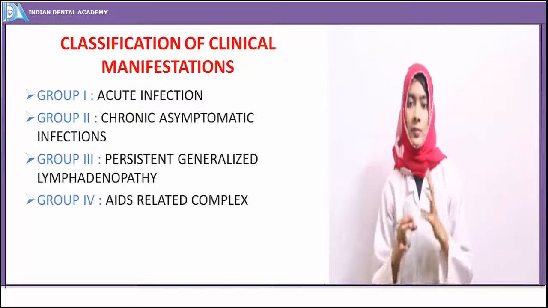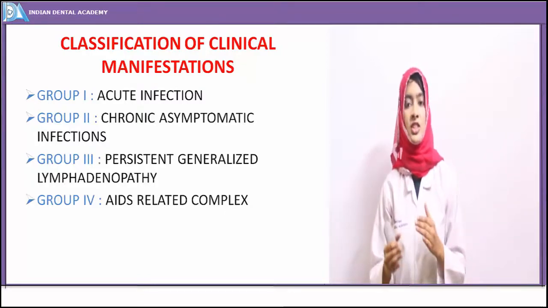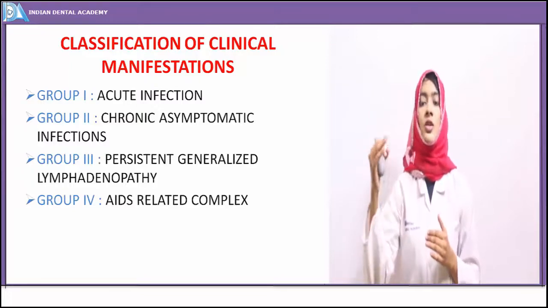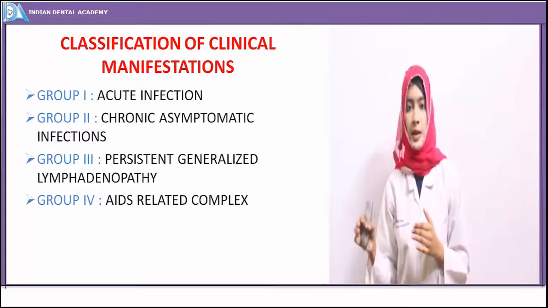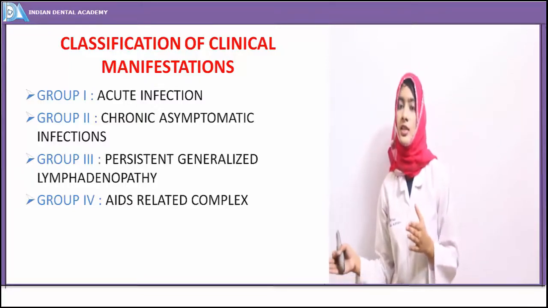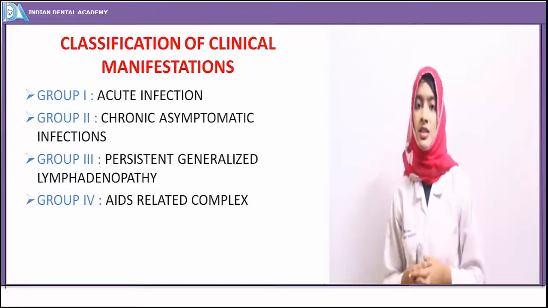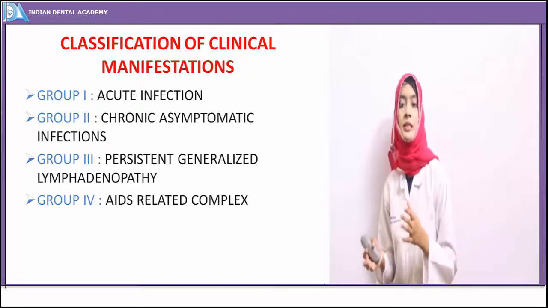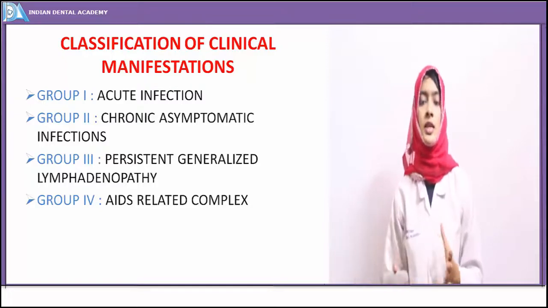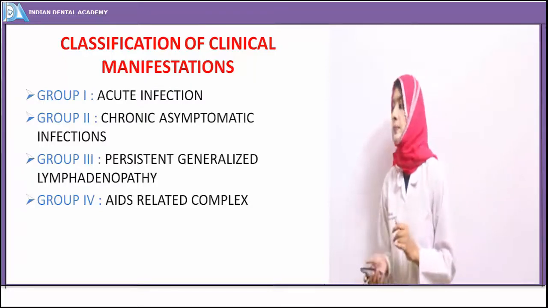The acute manifestation of HIV infection starts when the CD4 counts fall below 500 cells per mm³. Once it reaches below 200 cells per mm³, it's an advanced stage of AIDS, also known as the AIDS-related complex.